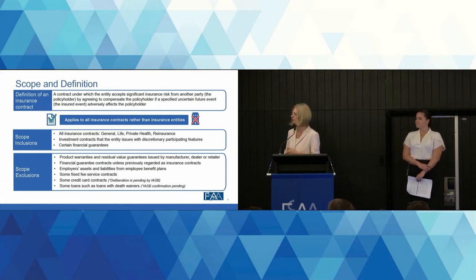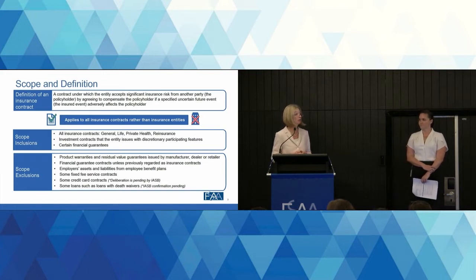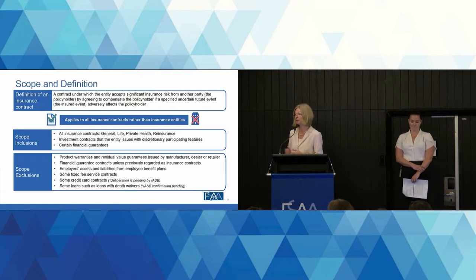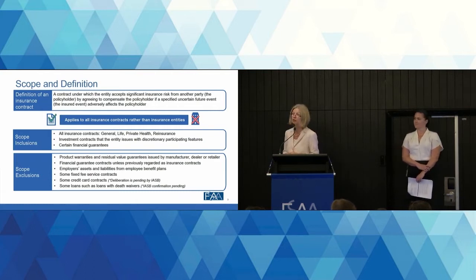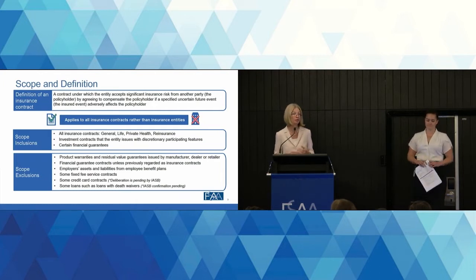It is very similar to what we've got in IFRS 4, but there are a few nuances. Similar to IFRS 4, there are some scope exclusions. Some of those have been carried forward from IFRS 4, but there are some new scope exclusions, and there are a few on the screen there we've noted related to credit card contracts and certain loan contracts, which are still pending the final deliberations of the IASB under the current exposure draft.